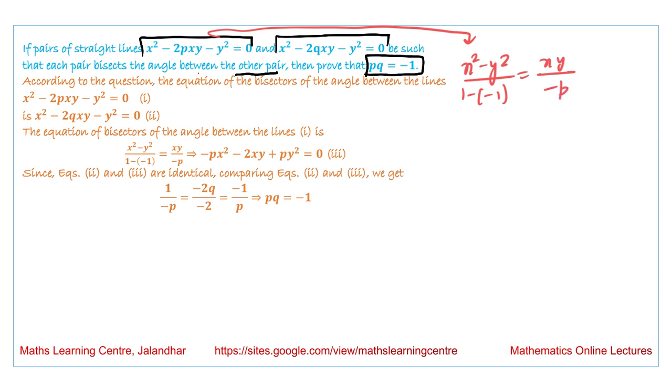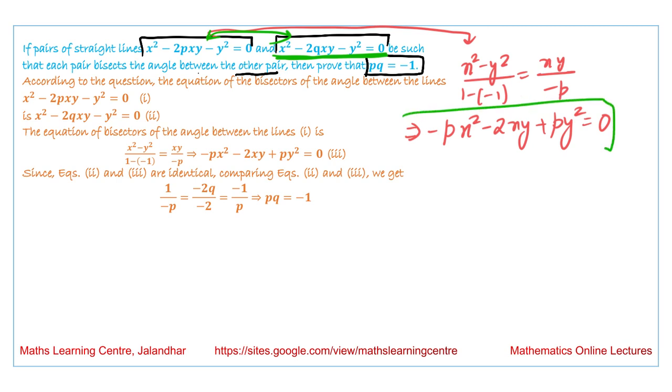So this implies that minus px square minus 2xy plus py square is equal to 0, and it is being given that this equation and the second equation, they are same because one pair of lines is the angle bisector of the other. This is the angle bisector of this first line, and this corresponds to the second equation.